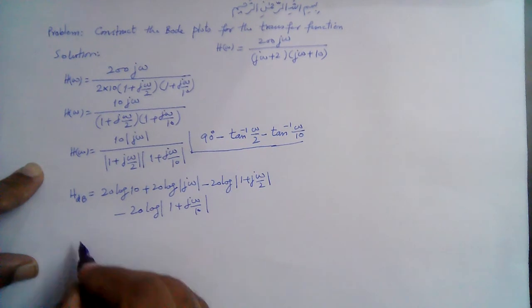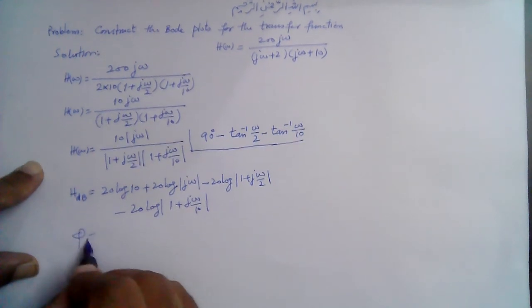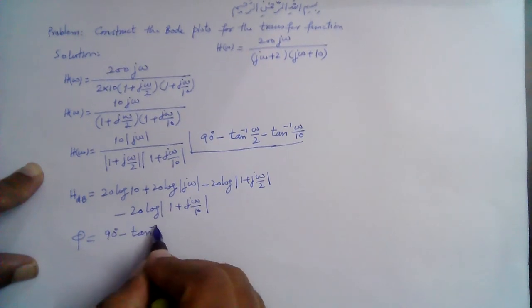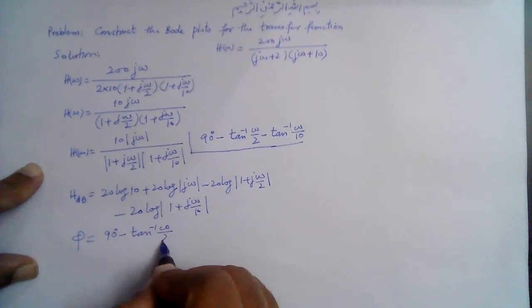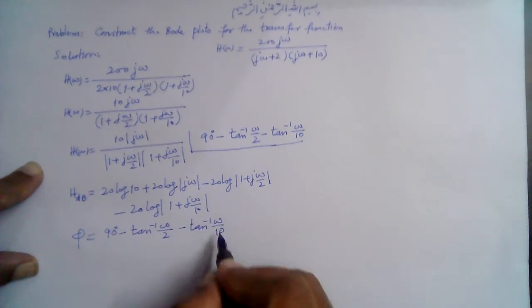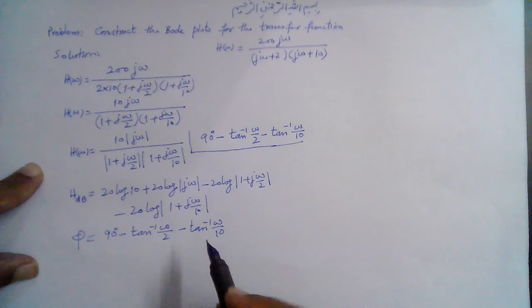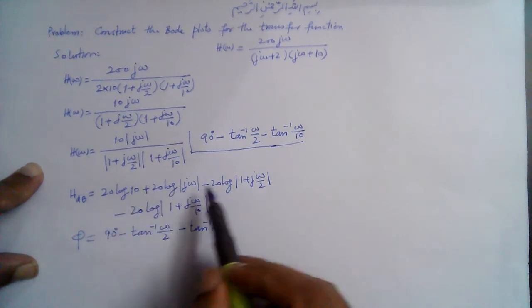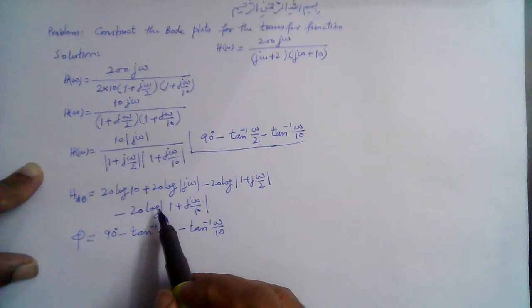And the phase angle will be 90 degrees minus tan inverse omega over 2 minus tan inverse omega over 10. So the magnitude plot comprises of 1, 2, 3 and 4 terms, 4 asymptotes.